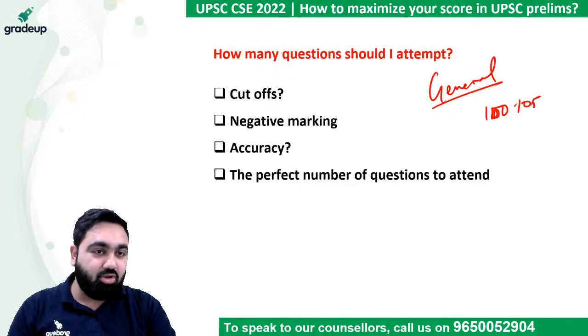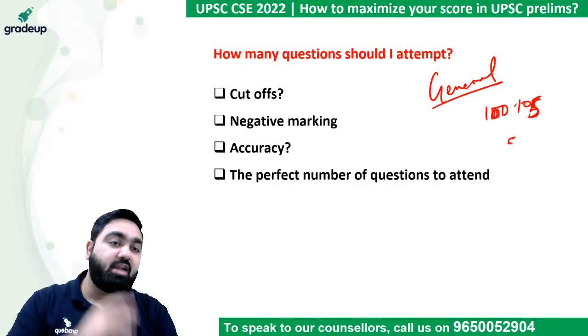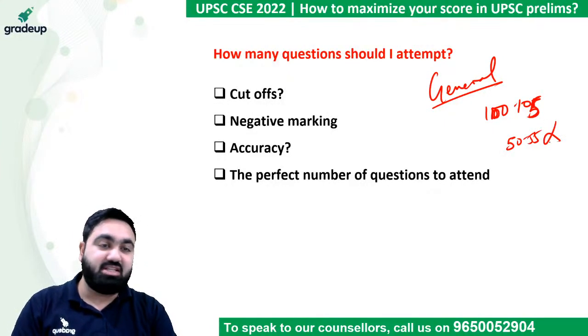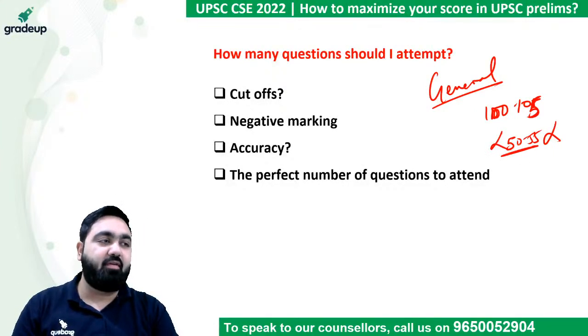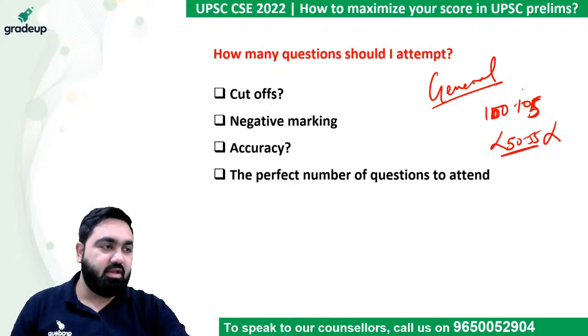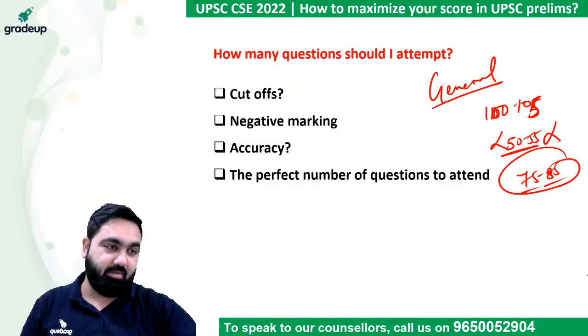So if you know the cutoff is 100 to 105, you should know if you only attempt 50-55 questions, this will just not be enough. That is why you should know the cutoff. A good number of attempts should be anywhere from 75 to 85. These are the number of questions that you should attempt.